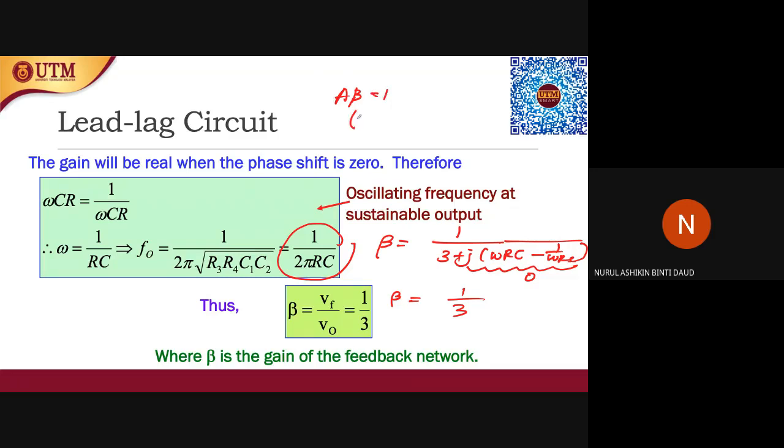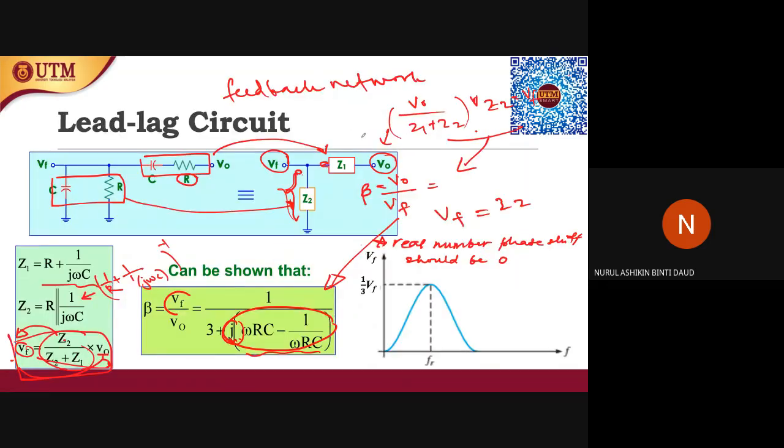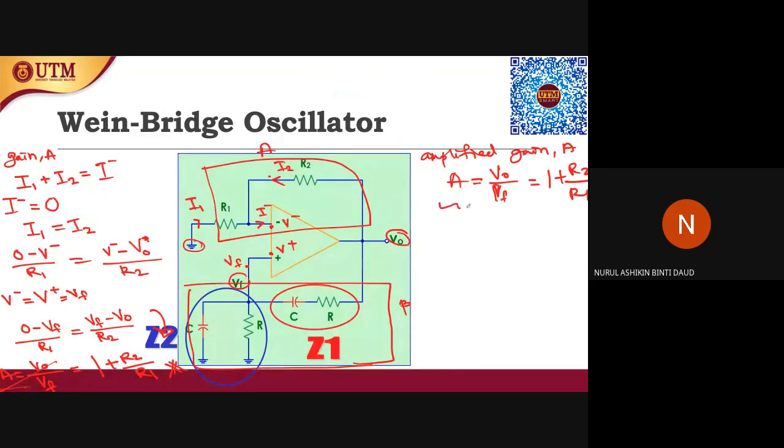Since gain beta is always a constant 1/3, the amplifier gain A should be 3. That's why I mentioned before, if you still remember, that A should be 3 in order for the signal to sustain.